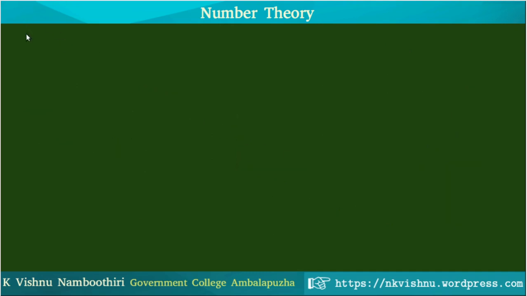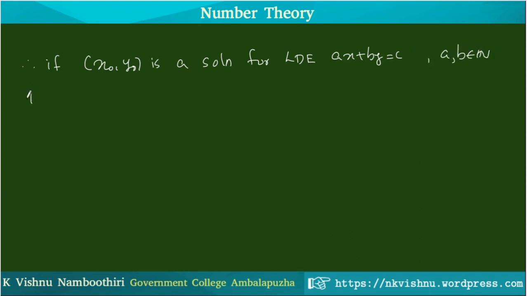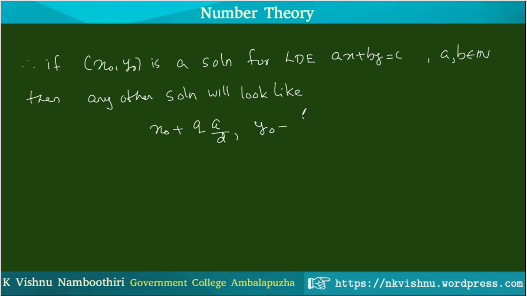Therefore, what we have observed is: if x0, y0 is a solution for the LDE ax plus by is equal to c, assuming that a, b are natural numbers, then any other solution will look like x0 plus q b by d, and y0 minus q a by d.